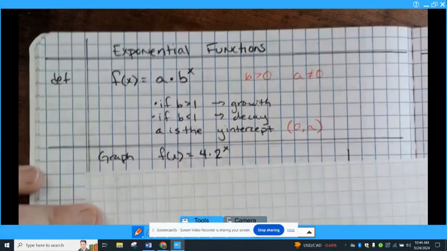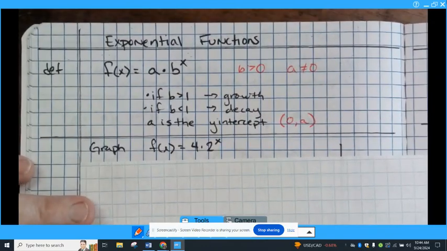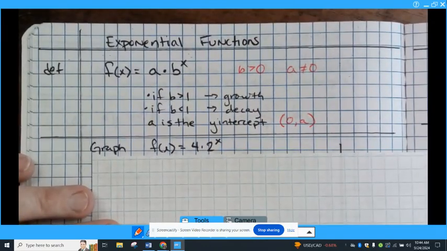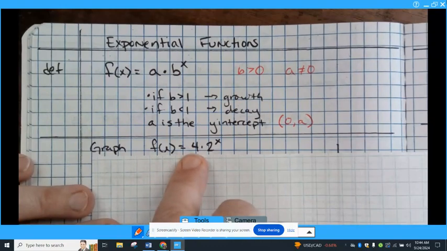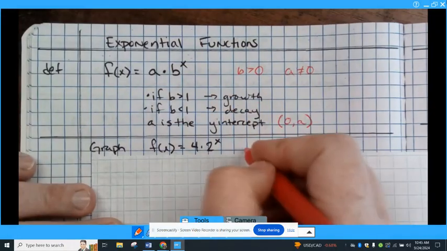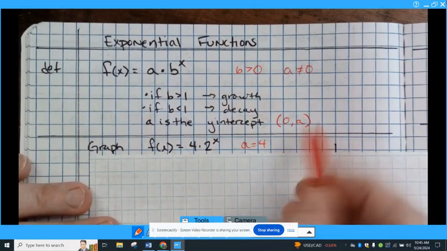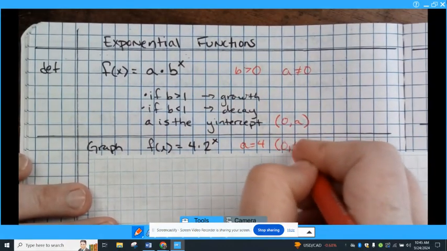Our first example is going to be graphing f of x is equal to 4 times 2 to the x. Your a here is 4, which means our y-intercept is going to be 0, 4.